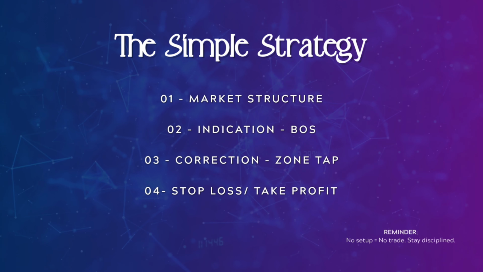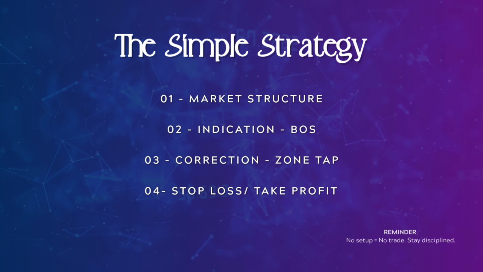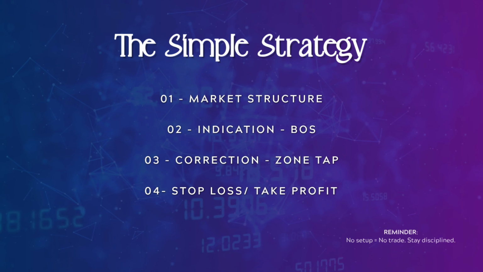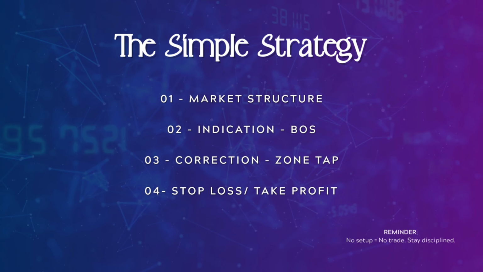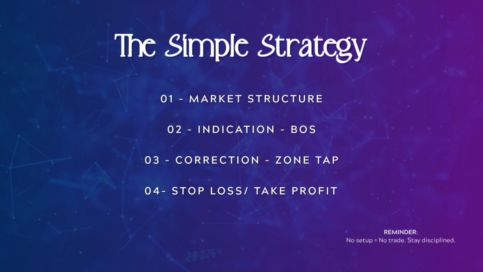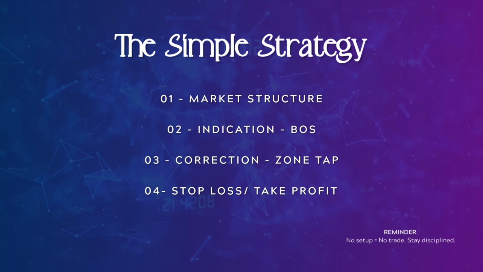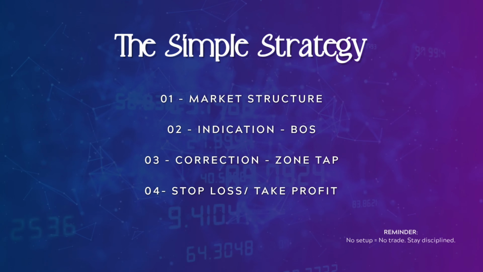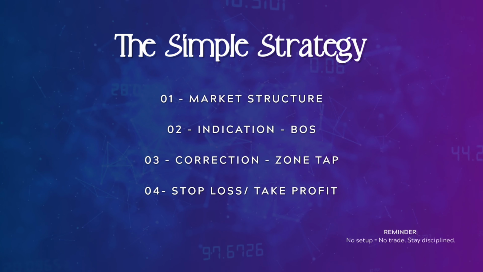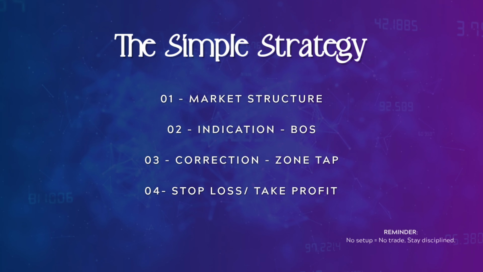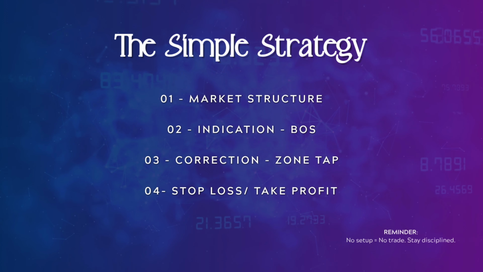And then I'm looking for a correction, which is basically finding the zone and waiting for price to come back to that zone and tap the zone. Then I will enter the trade and secure profits or hit stop loss, whichever way the trade goes. Once those line up, that's when I enter the trade. If they aren't there, then I won't take a trade.